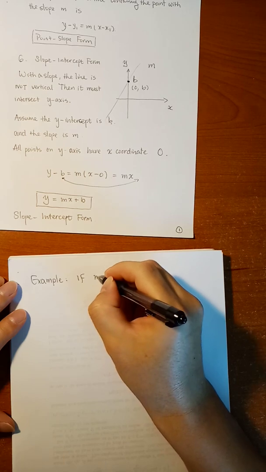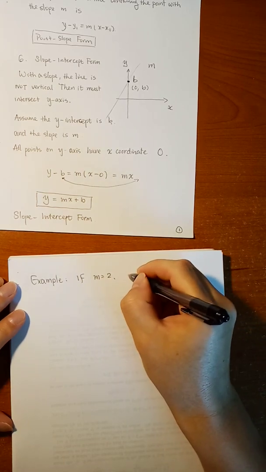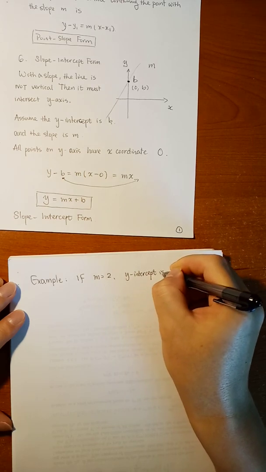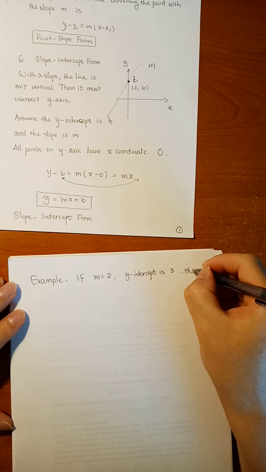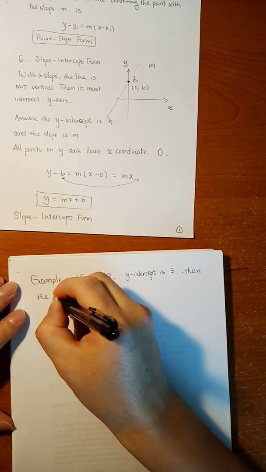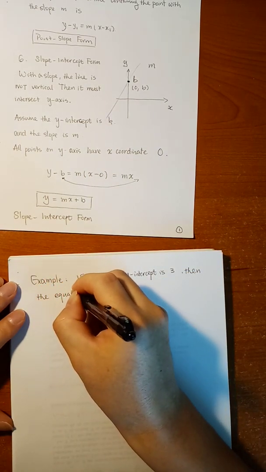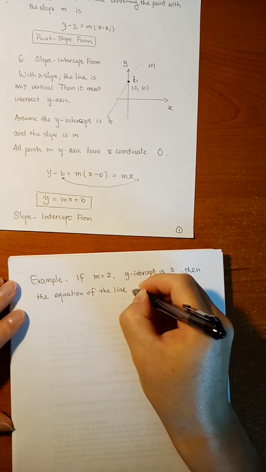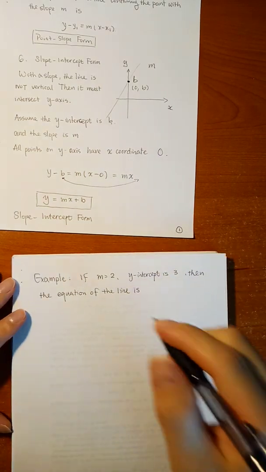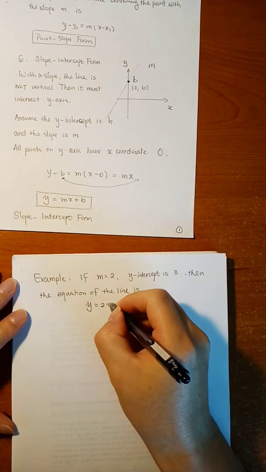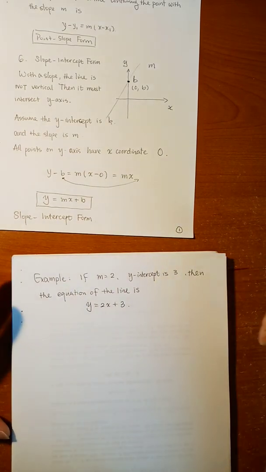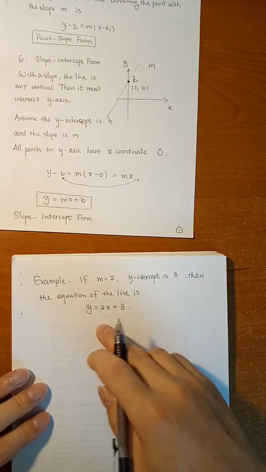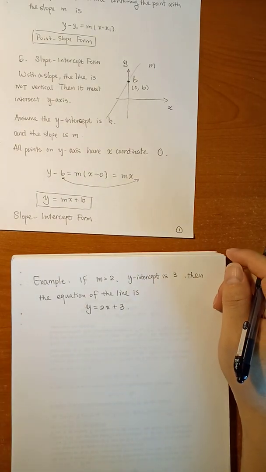If m is 2 and the y-intercept is 3, then the equation of the line is y equals 2x plus 3. It's very fast. It's just the coefficient. There's no trick at all.